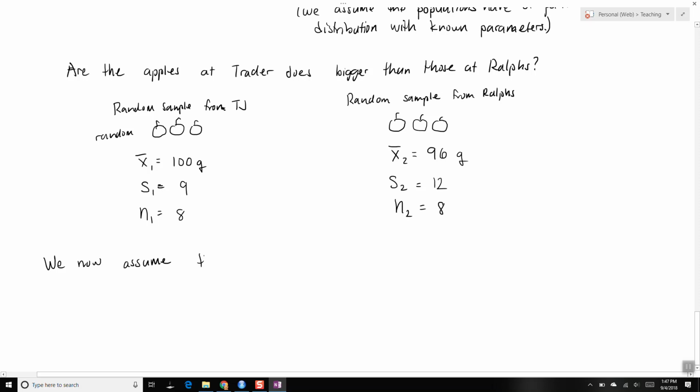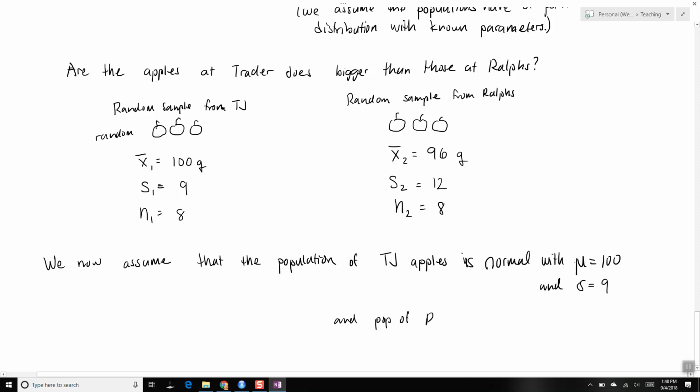We assume that the population of Trader Joe's apples is normal with mu equal to 100 and standard deviation sigma equal to 9, and the population of Ralph's apples is normal with mu equal to 96 and standard deviation sigma equal to 12. This is what we have.